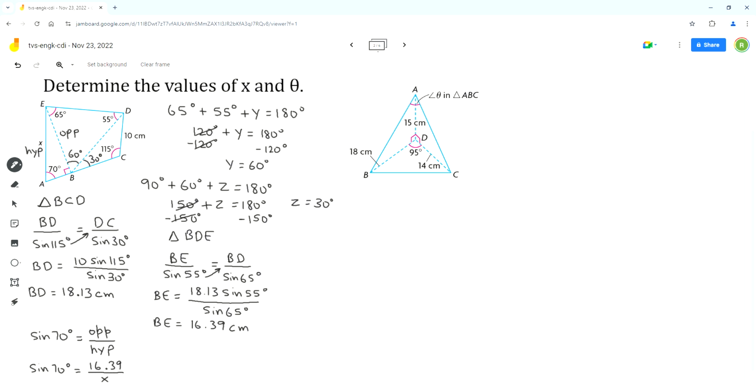Next, we can cross multiply the x. Next, we can divide both sides by sine 70 degrees.